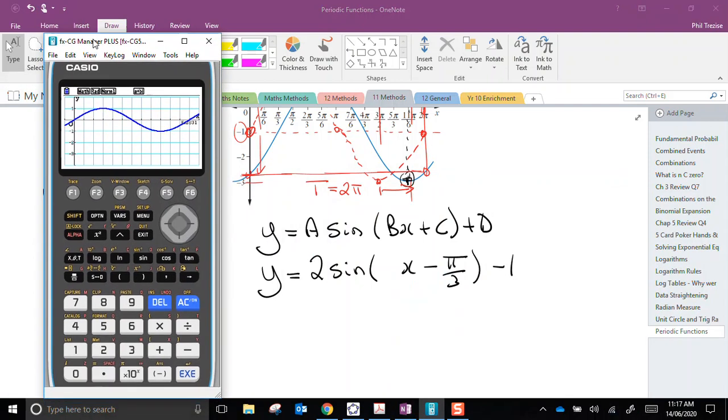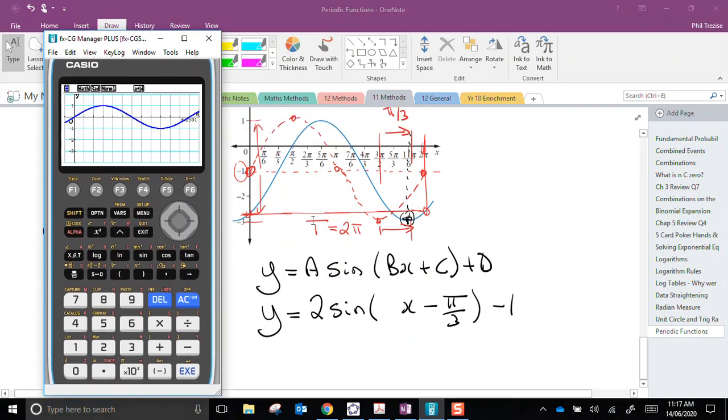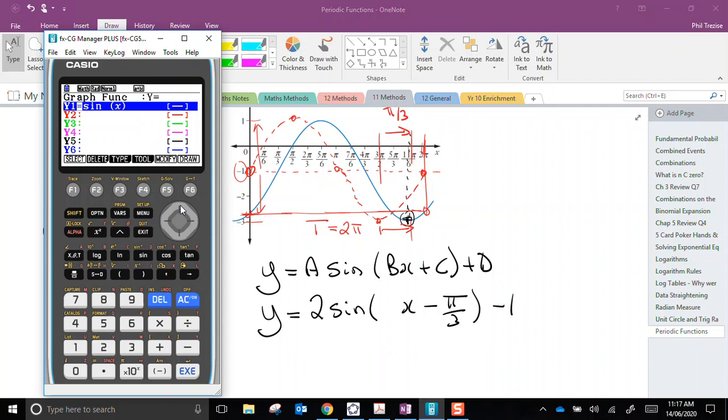I'll do this on the graphing calculator to see if that agrees with us. That's my base. Let's go back and modify this step by step. Let's subtract 1. And that certainly did move my equilibrium position down to -1. Let's put a 2 here at the front.